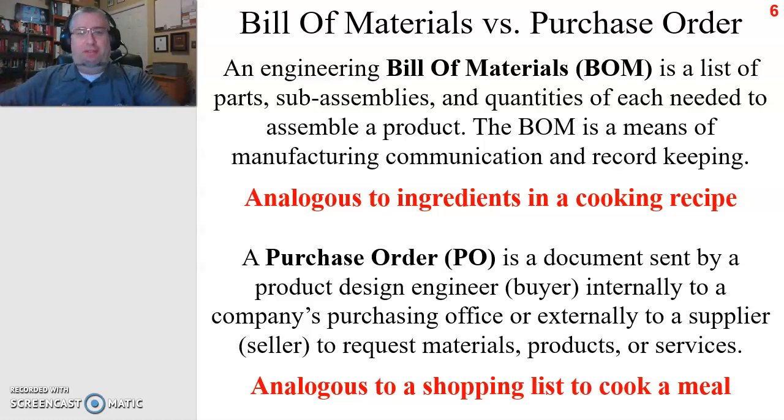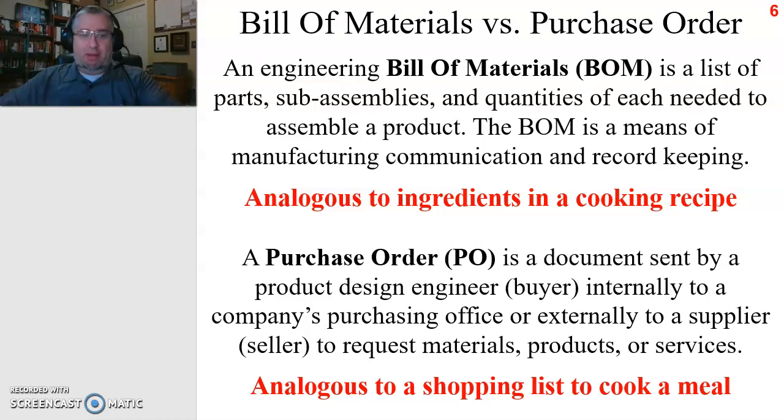So I felt, given my own experience working at smaller companies, that it was important to add this purchase order component to the class, so that you get the experience both of producing a bill of materials, which you would do in any engineering design situation, and putting together from the bill of materials a purchase order for the raw materials needed to make the parts, which is more consistent with what you would do if you were an engineer at a smaller company or a startup and there wasn't some big purchasing office to do that job for you.